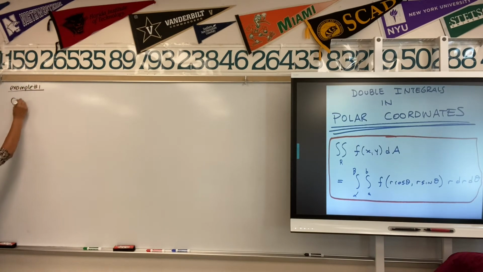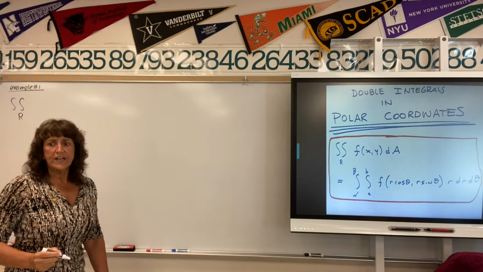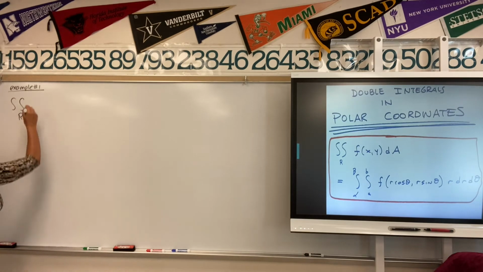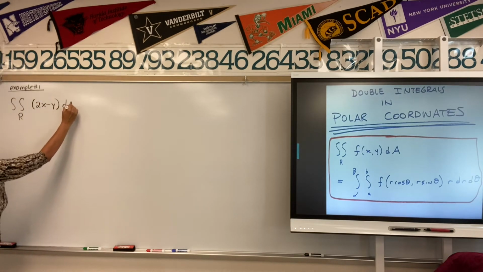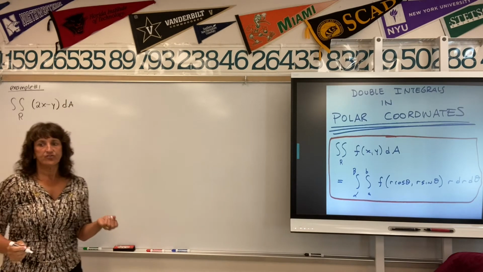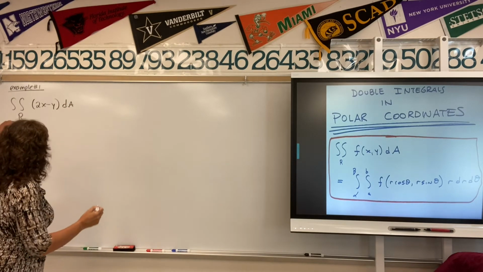We're going to set up our double integral over a region. The integrand is going to be 2x minus y dA. Then we need a description of the base, so we need to know what R is.